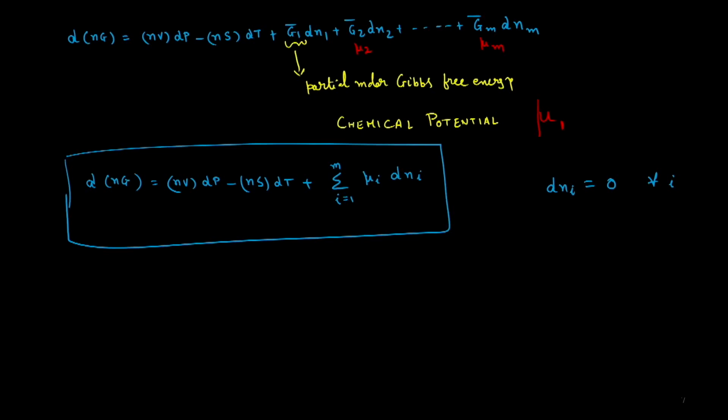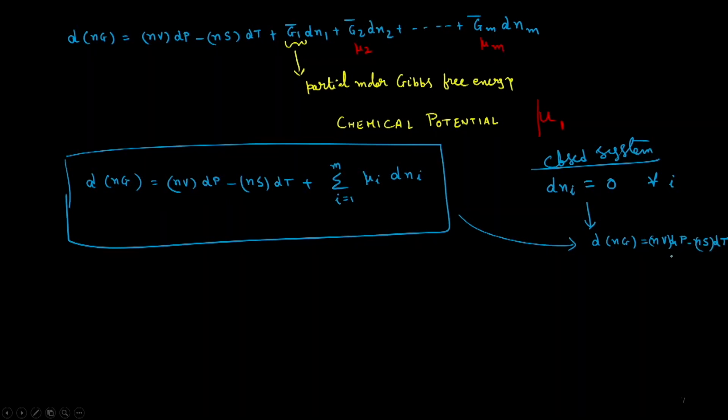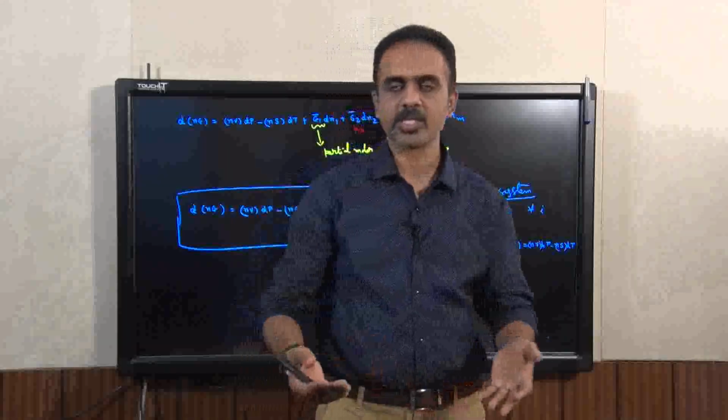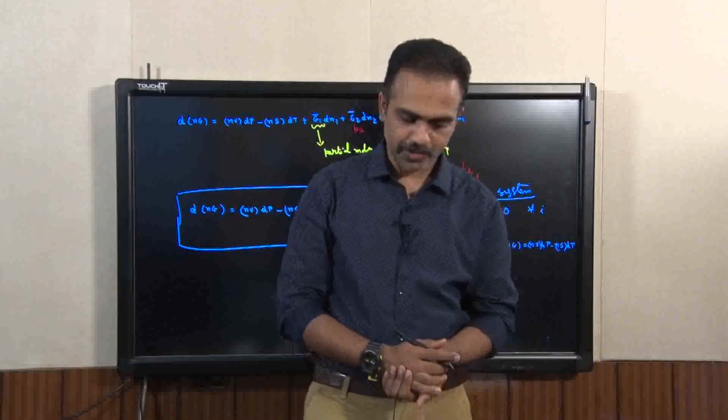The last term drops out, and this equation reduces to, this is for a closed system, d(nG) is nV dP minus nS dT, which is what we already know, right? So it will go back to its form for the closed system. So this equation in that sense is more general. It is applicable for both open and closed systems. For a closed system, the last term is going to be 0, of course, right?